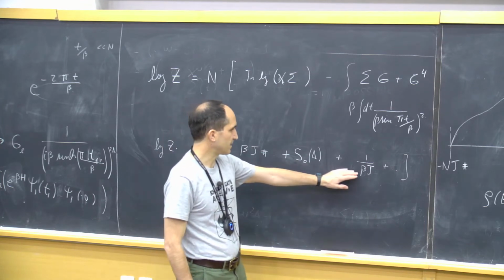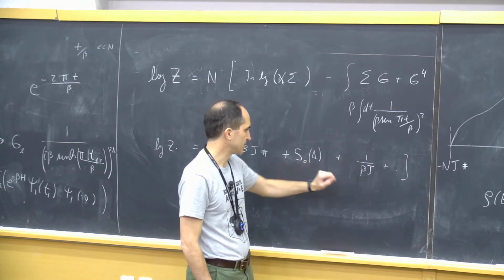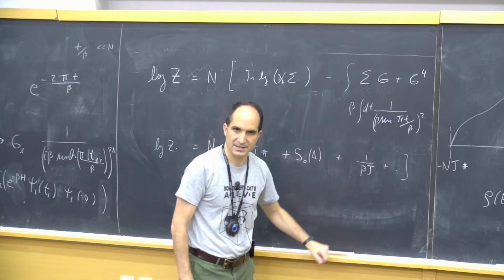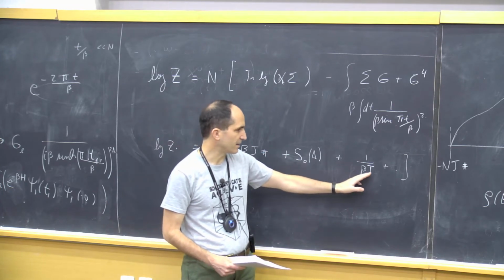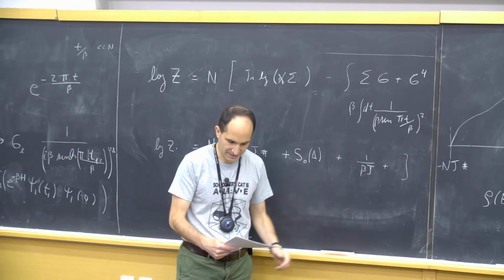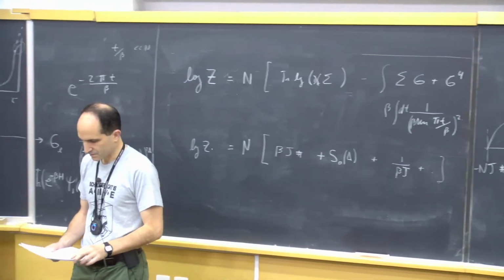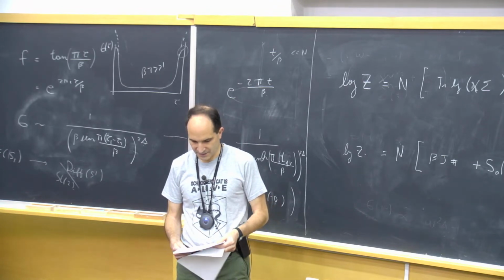There is a term here in the log of z that is linear in the temperature. So that will give also an entropy which is linear in the temperature. This is of higher order in the 1 over beta j expansion. I'll explain a bit later how to get this term. Again, it will come from the treatment of the reparametrizations.